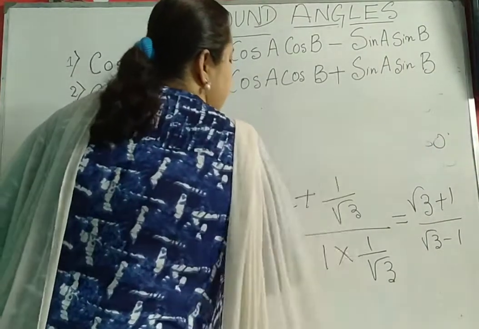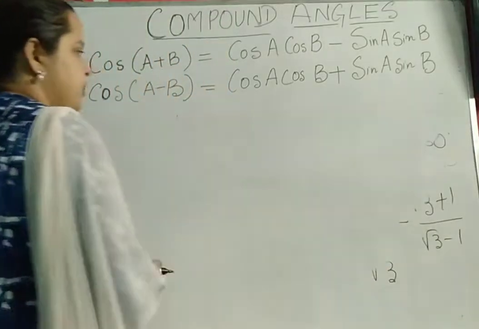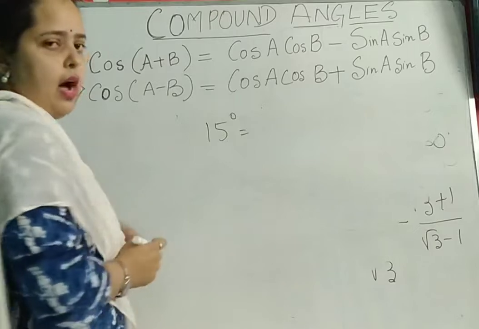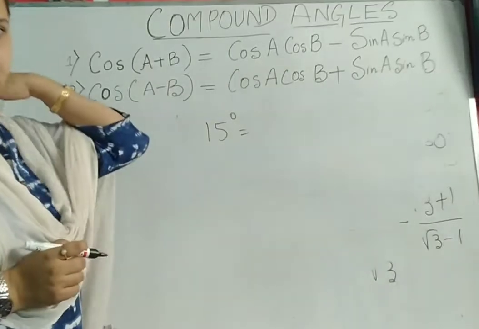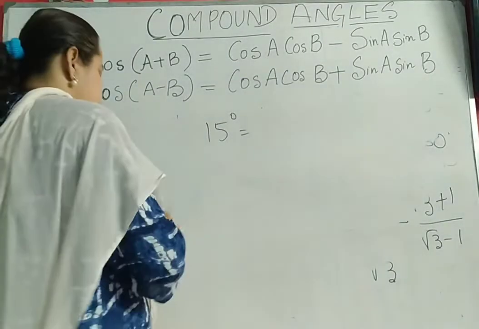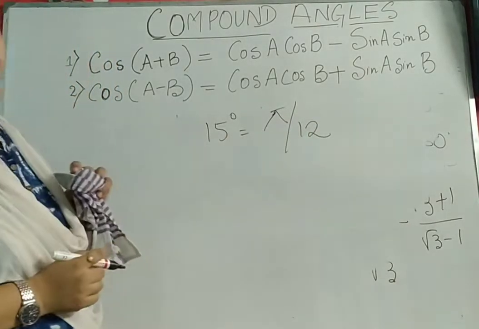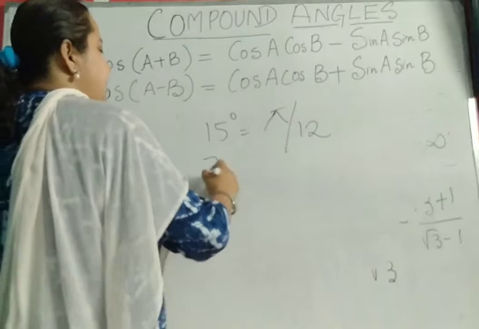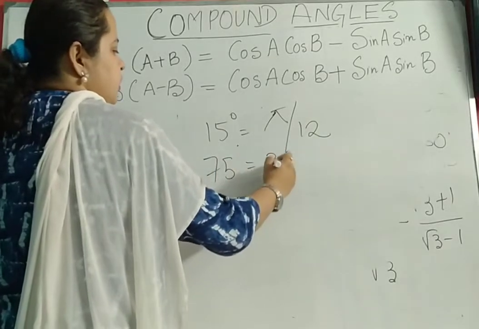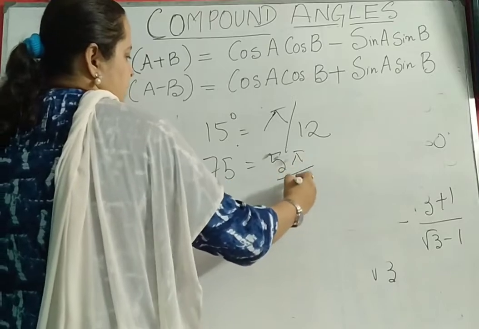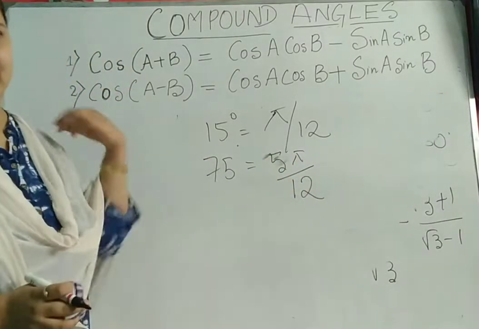Now, in the case of radian notations, I can write 15 degree, I can write 75 degree, I can write anything like that. So, this is, please remember, pi by 12. Okay, and 75 can be remembered as 5 pi by 12.